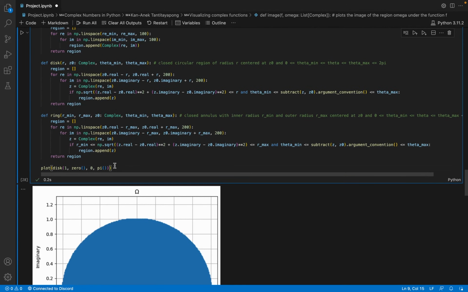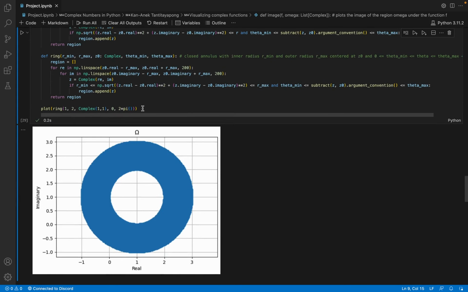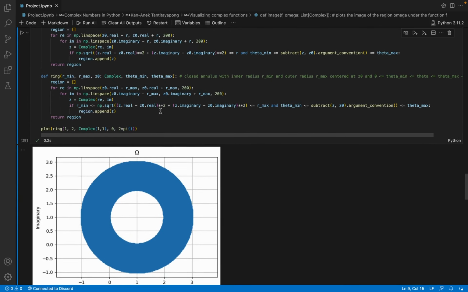Next, for example, let's plot a ring with inner radius 1, outer radius 2, centered at 1 plus i, and let's make it a full ring. So here we have it.